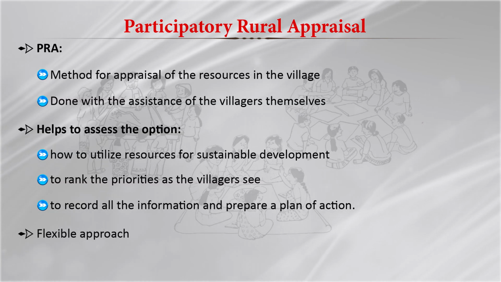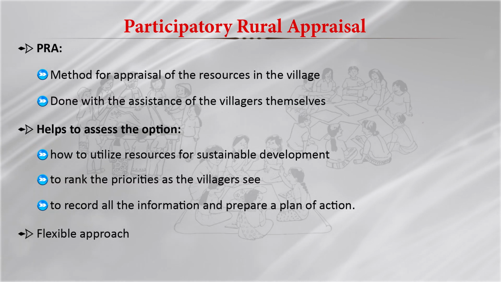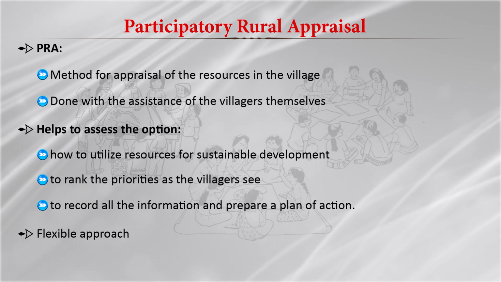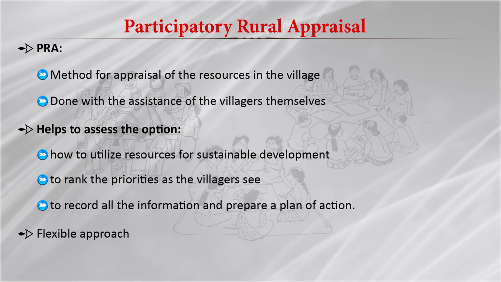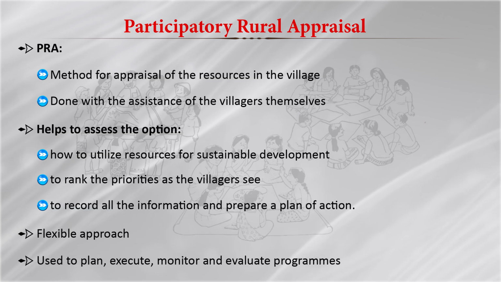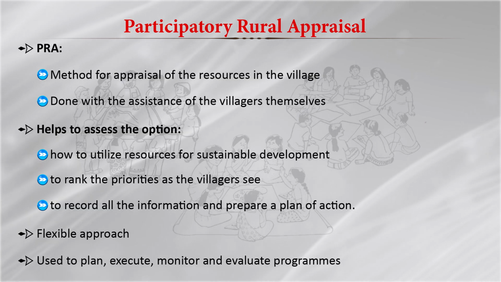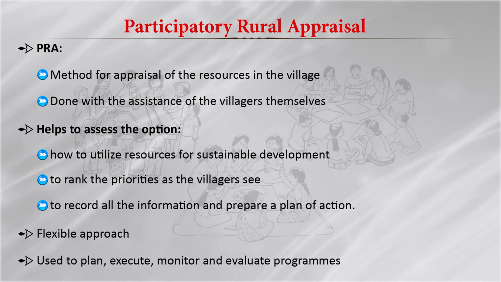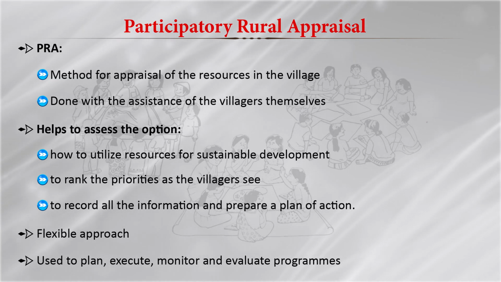It is a flexible approach: whenever there is a requirement for changes, we can change the actions based on discussion with the villagers. This technique is used to plan, execute, monitor and evaluate the programs in rural areas and the agriculture sector, in discussion with the villagers and farmers.